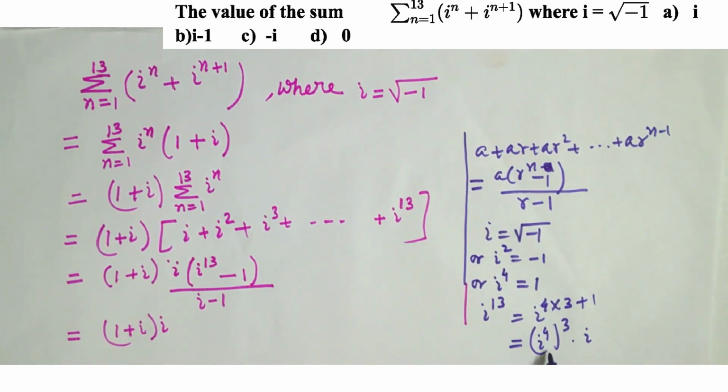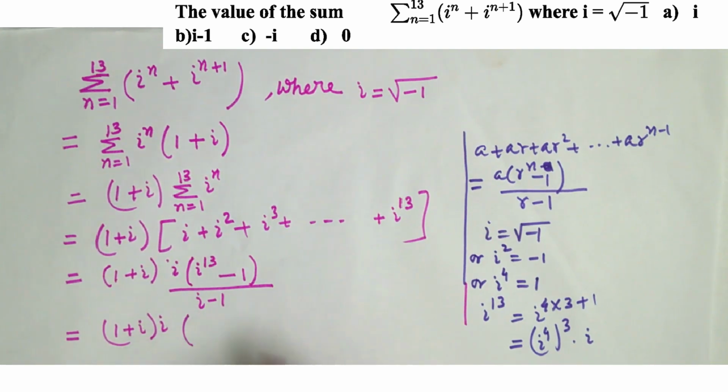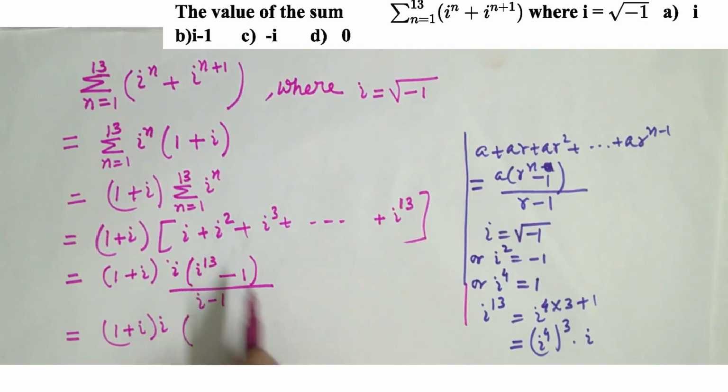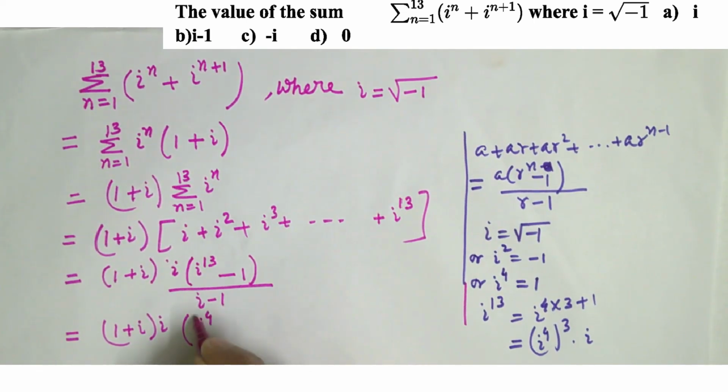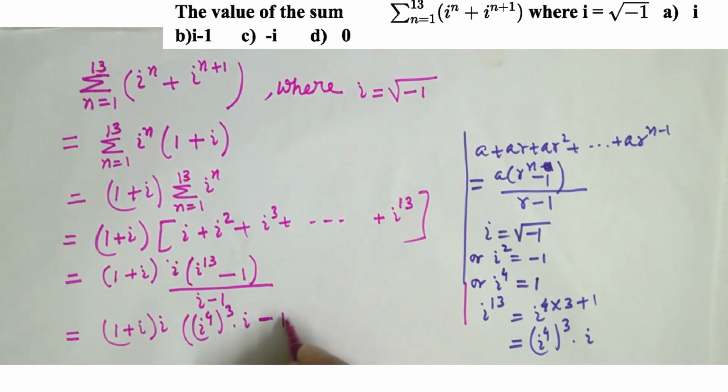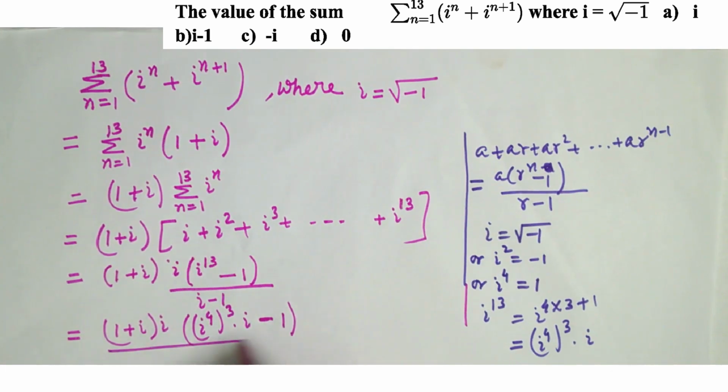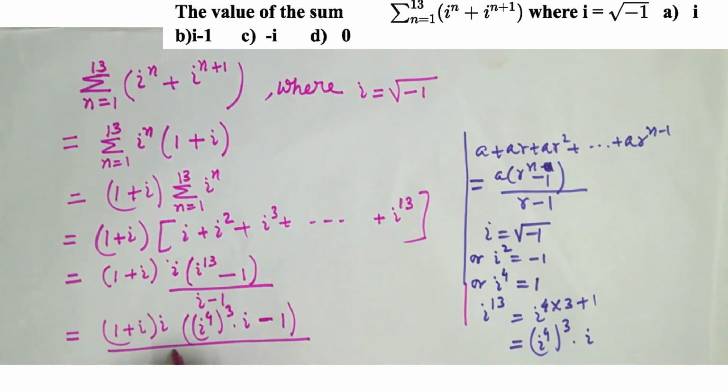After simplification, writing this in place of i to the power 13, i to the power 4 whole cube into i minus 1 by i minus 1.